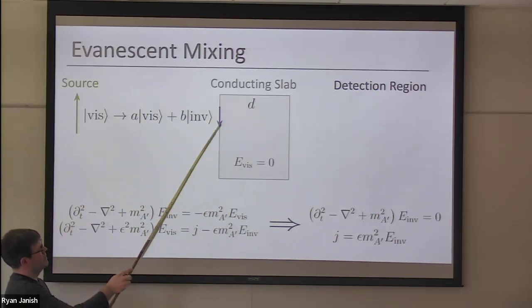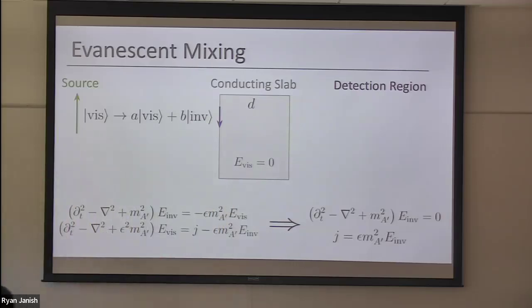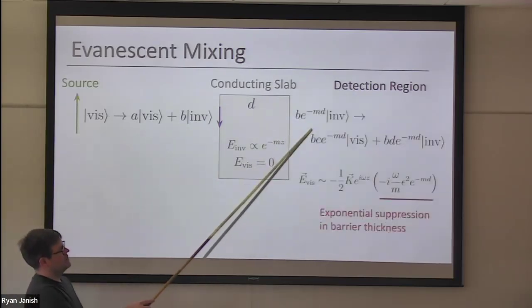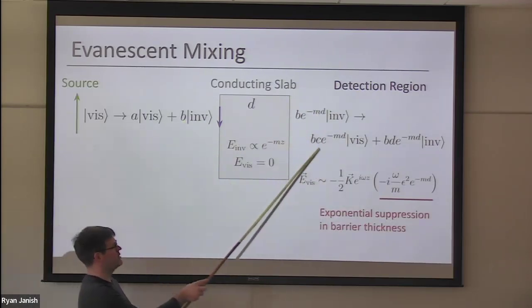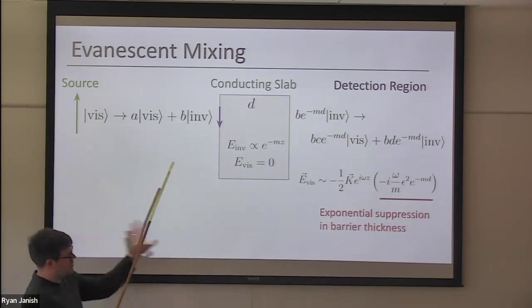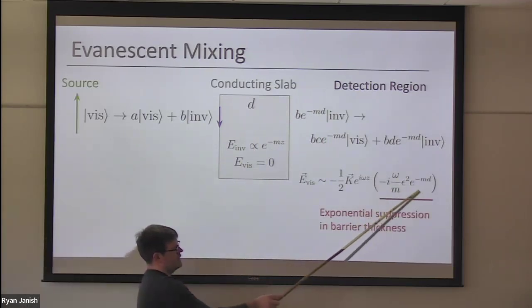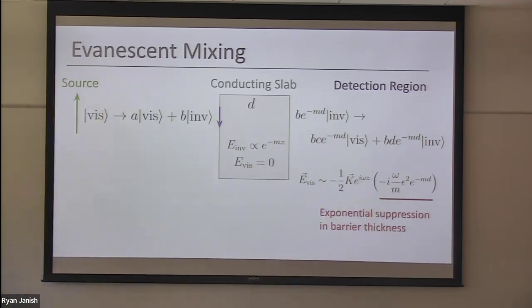This guy will be allowed to come inside, and then it's going to propagate just as a perfect evanescent mode inside. So it will be decaying exponentially. And so when it leaves the other side, its amplitude is suppressed, and now it's going to mix back into the visible, just like before, which inherits the suppression. And you can actually go through it. You could do this exactly, and you see this exponential suppression appear in the barrier thickness, just like what you would have guessed would happen.